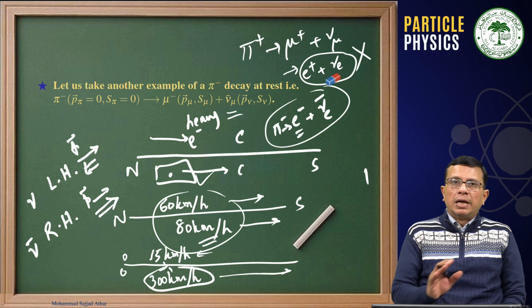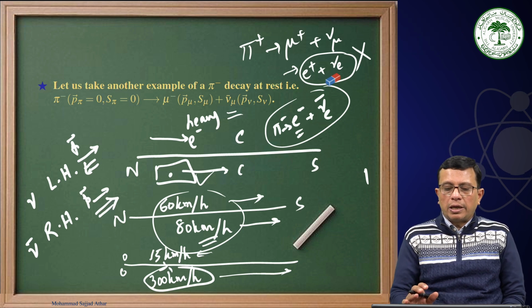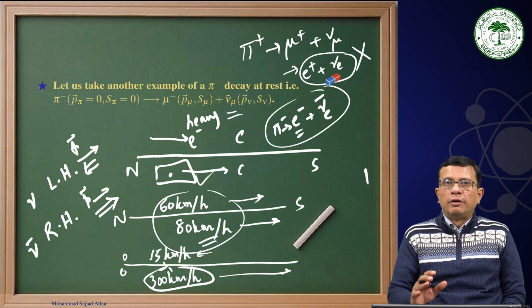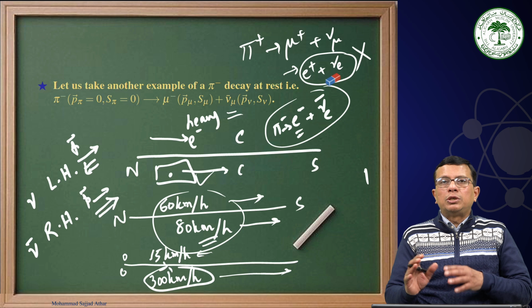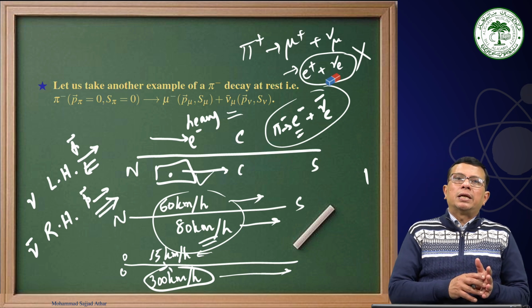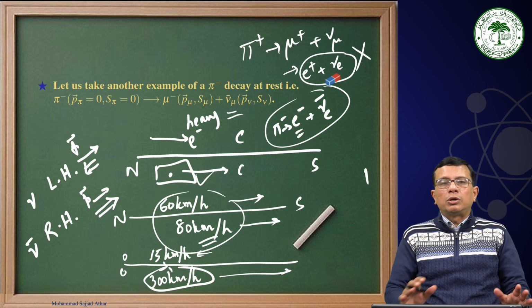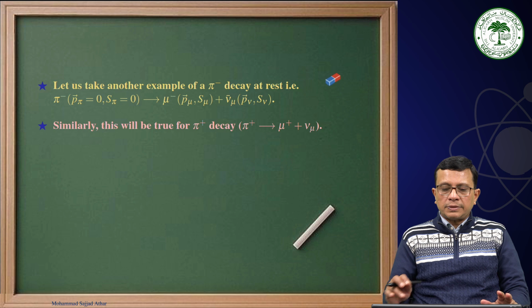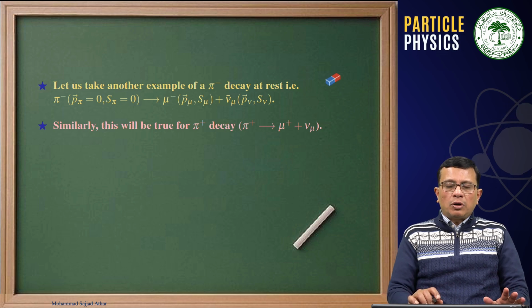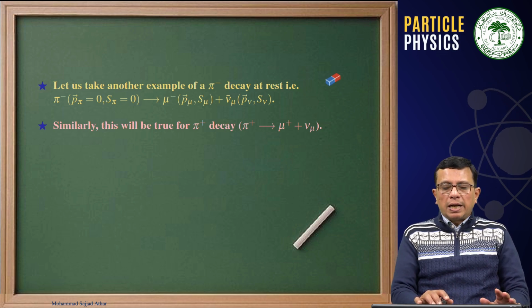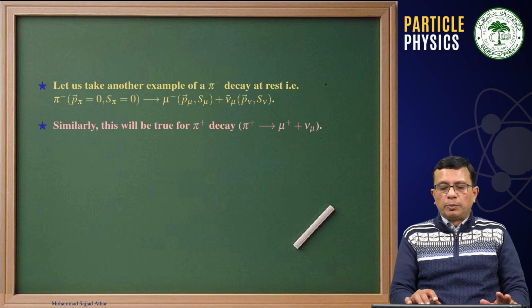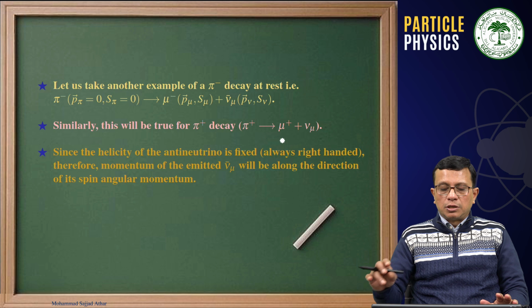When we compare electron versus muon as the choices, for the muon it is much easier to go into the left-handed and right-handed helicity states because of its mass, rather than an electron going into those states. So what I am talking about is a pi minus decaying into mu minus plus nu mu bar, or a pi plus decaying into mu plus plus nu mu.